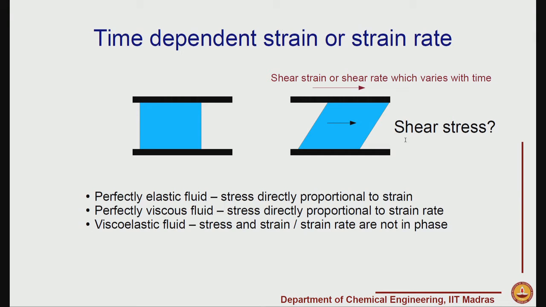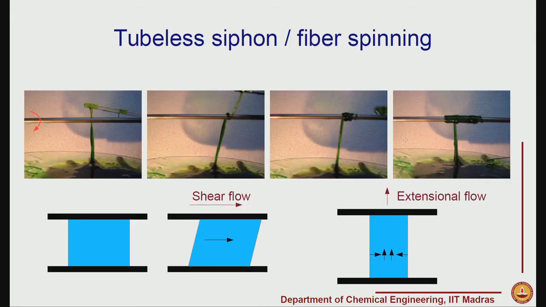One other example where it is very useful to see the qualitative difference between non-Newtonian fluid and Newtonian fluid is this, where we can extract a fiber out of a non-Newtonian fluid.